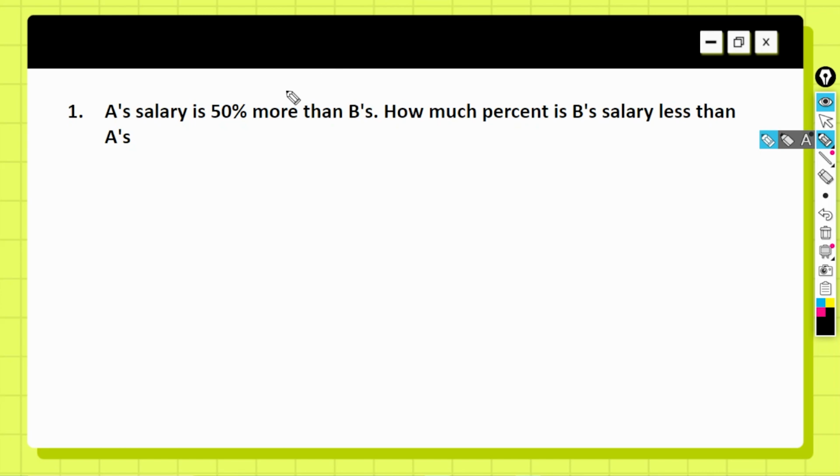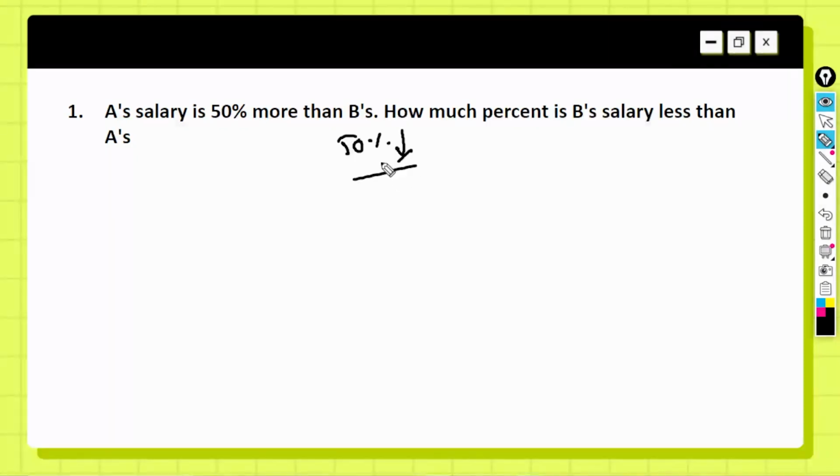For example, this question: A's salary is 50% more than B. Intuitively, you might feel, same A, B is here and same B, A is here. So obviously it is going to be 50 percentage less. 50% increase, so correspondingly 50 percentage reduce. So all will be equal. But this highly likely will not be the answer.